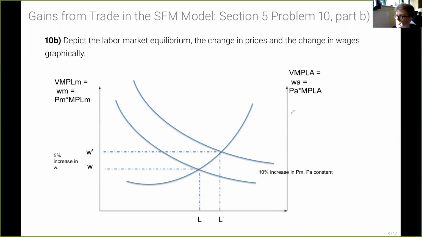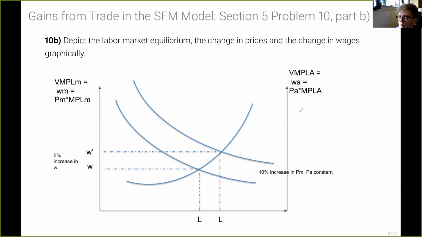Recall that if we go back to what we had for the marginal product of labor in each sector, we can recall from before, what do these expressions become?